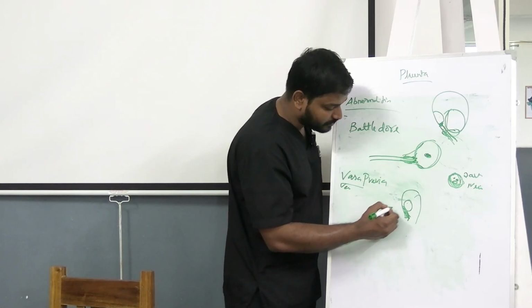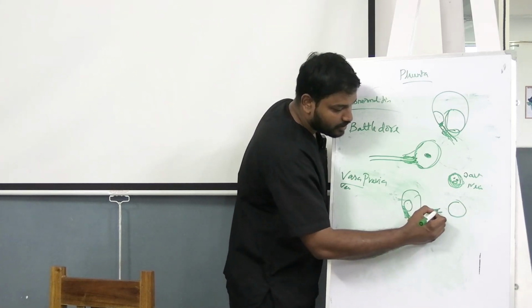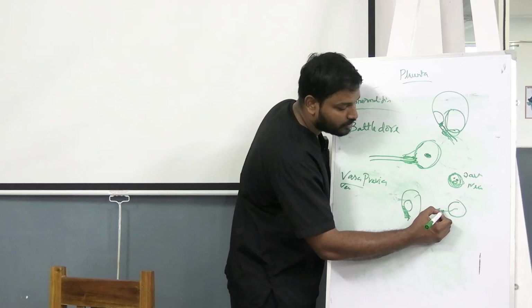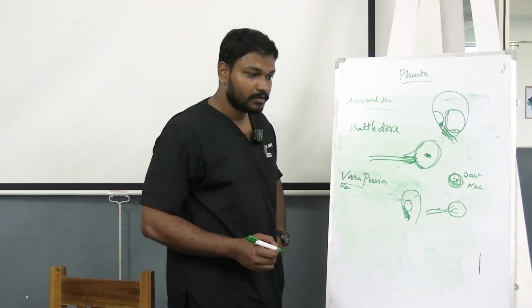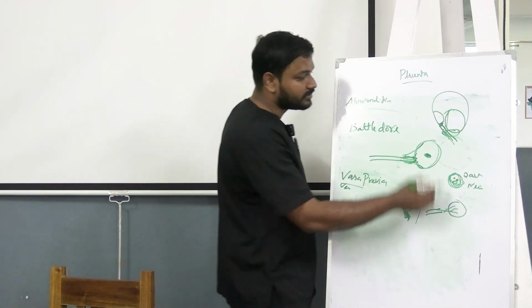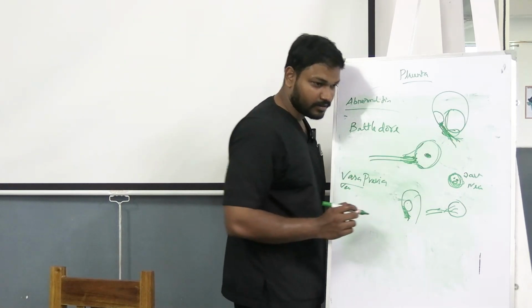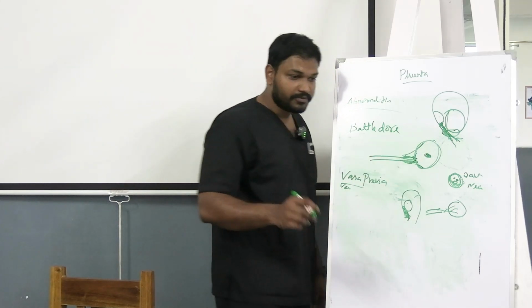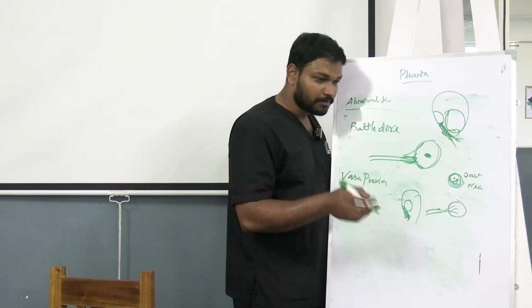In this case the placenta is there, the cord is there, and without the cord just the blood vessels are getting attached. In the same scenario, only the blood vessels are here, and blood vessels are prone to get injured. So there is a possibility of bleeding.